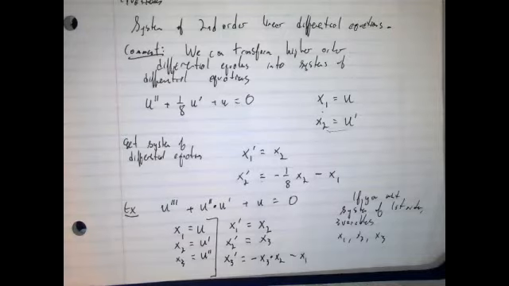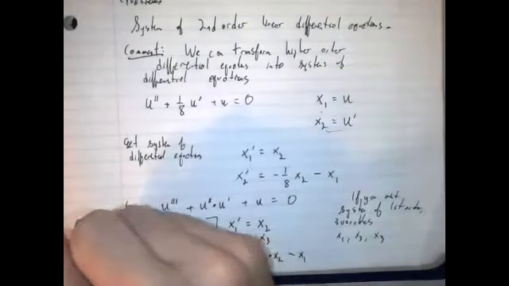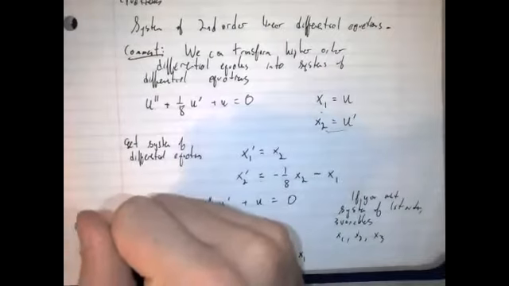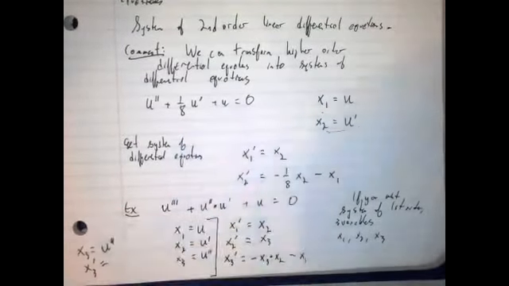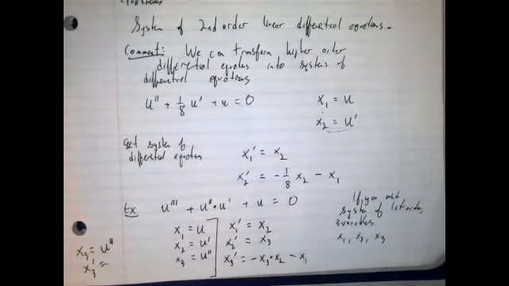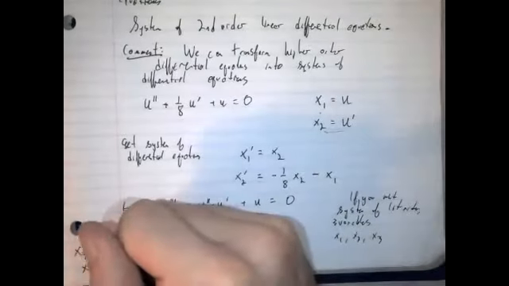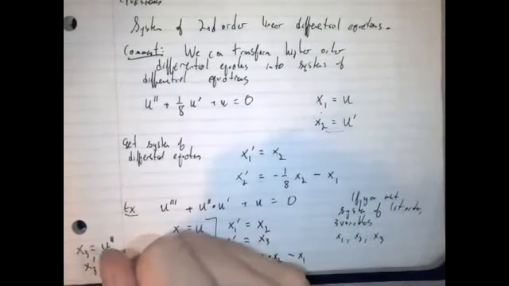I don't understand how you got x3 prime. So x3 prime, so if x3 is equal to u double prime, then x3 prime is equal to what? In terms of u. U triple prime. U triple prime, exactly.